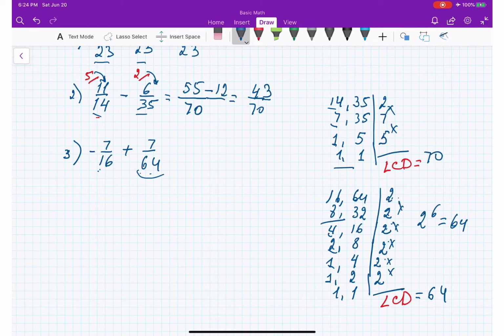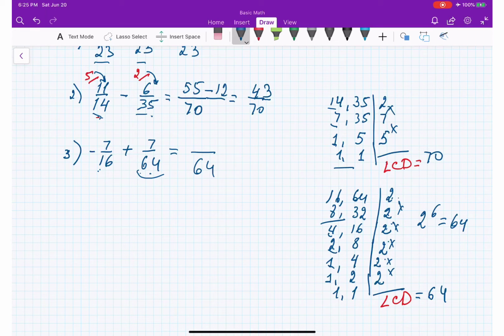Therefore, you could skip all this and get 64 as a common denominator. But in the previous case, like 14 and 35, if you take 35, it won't be divisible by 14, right? Therefore, you had to go through this. But here, 64 is divisible by 16. Next time, you can save time and not go over it. This time I went over it to show it's the same thing.